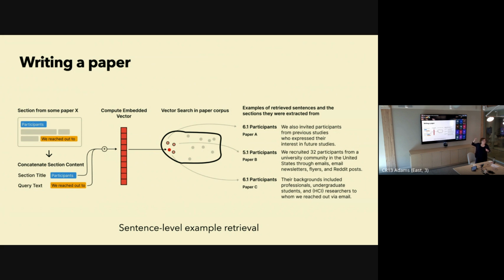So it's not a strict limit. When I'm retrieving related sentences from other papers, I'm not strictly limited to sections with the same title, but there's some related reasoning about both the sentence content that I'm trying to write, as well as position across papers.